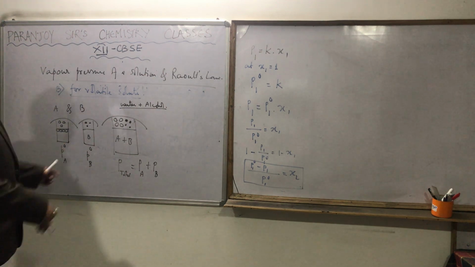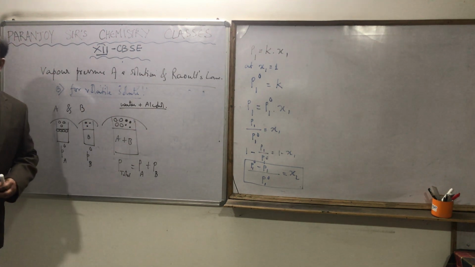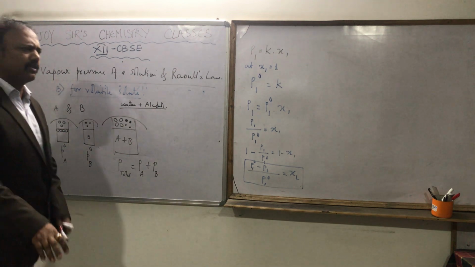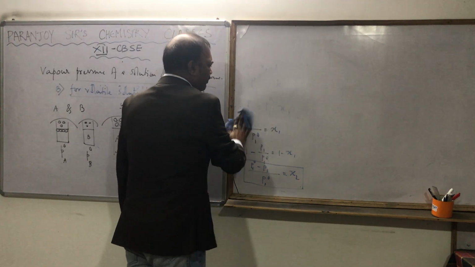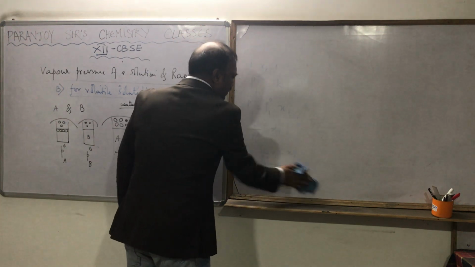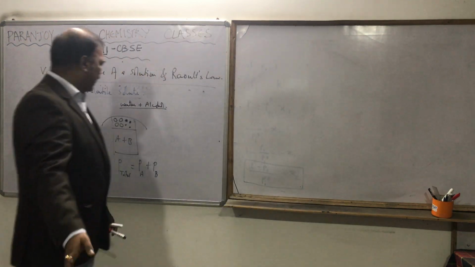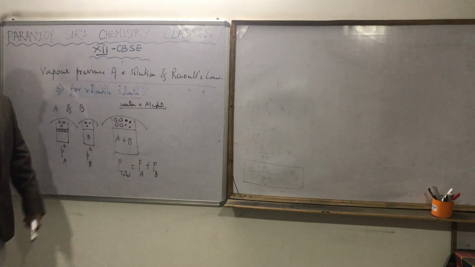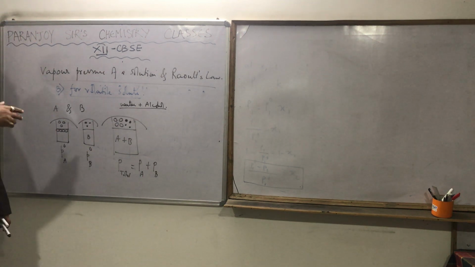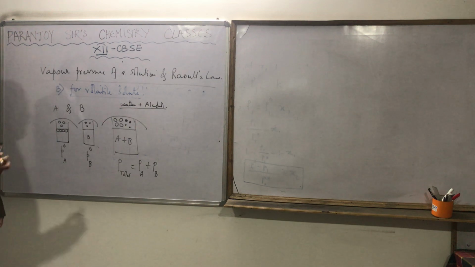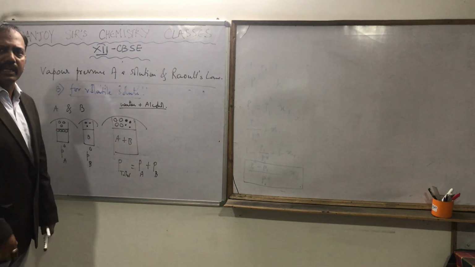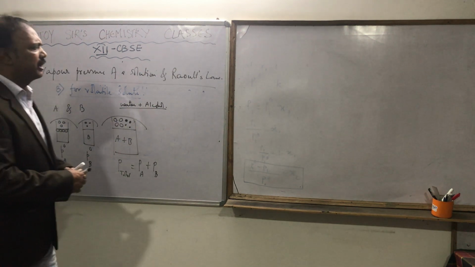Okay, fine. Now what Raoult observed about this type of solutions also, very simply again he said, it's simple. Whenever we are mixing A and B, if the fraction of A in the mixture is greater than that of B, obviously the pressure contributed by A will be more than that of B. The contribution of A depends on its fraction.